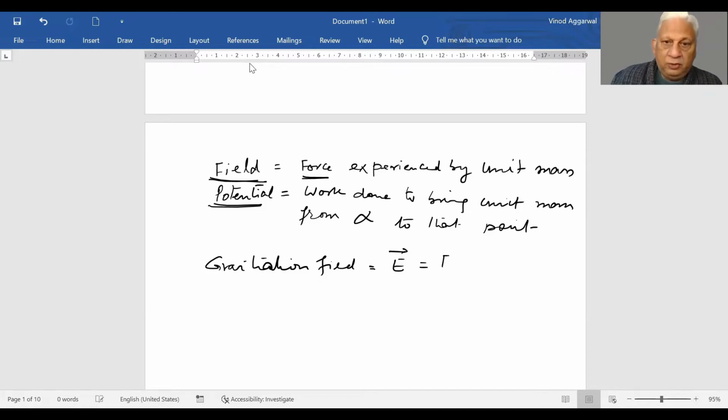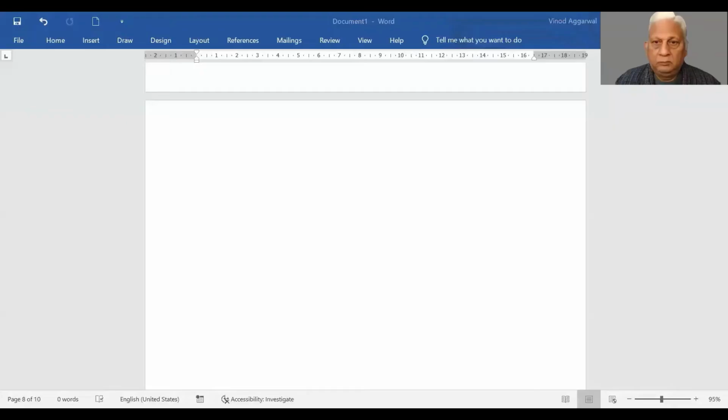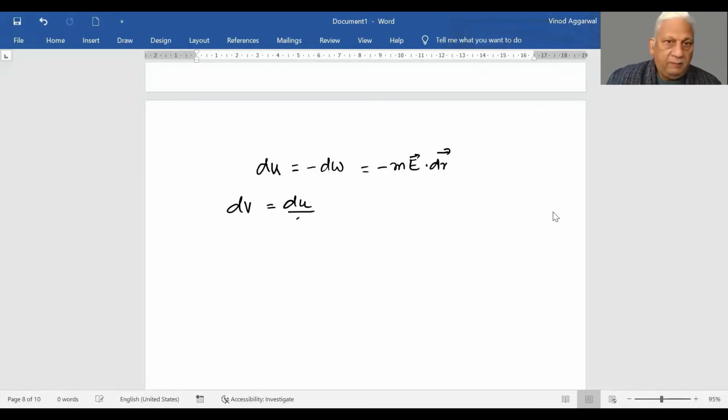It is equal to the total force experienced by the body divided by its mass, because we have seen that it is the force experienced by unit mass. dU shall be equal to minus dW, minus m E dot dr. Change in potential is how much? dU by m for the unit mass.